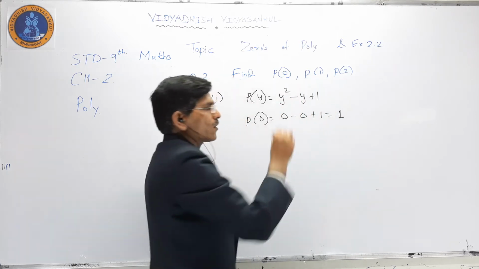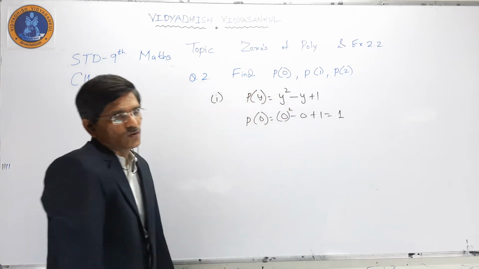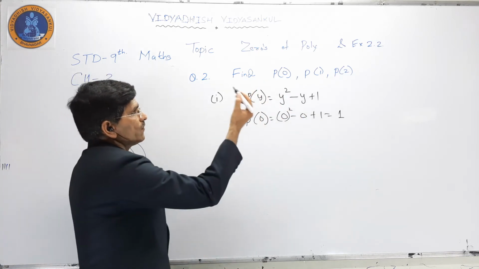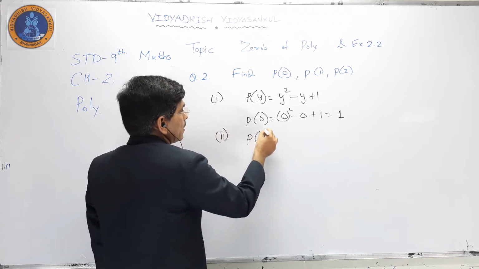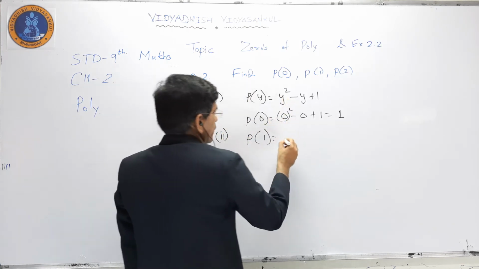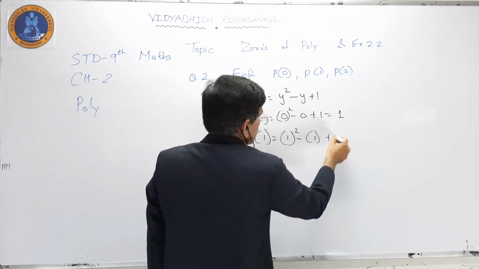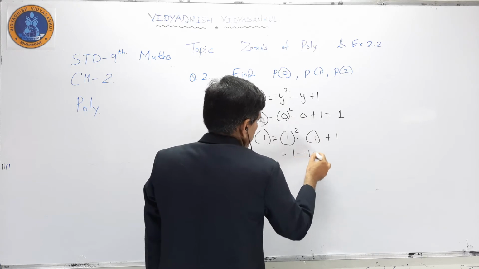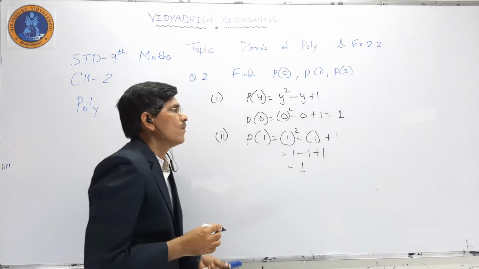Already we know that the constant is the answer, that is 1. Now P of 1: again 1 square minus 1 plus 1. So 1 minus 1 plus 1, the answer is again 1.